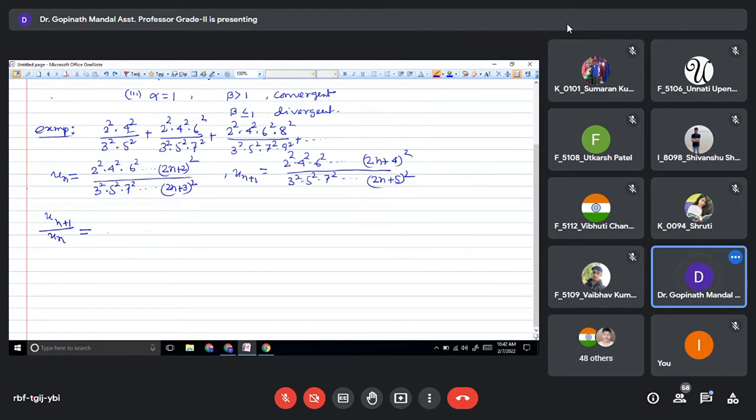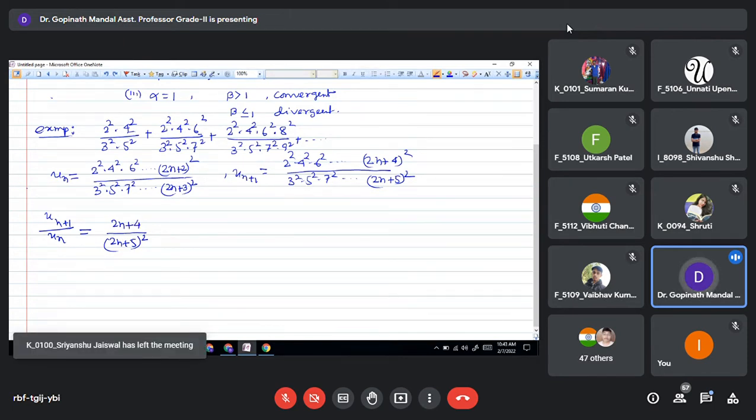So this will be 2n plus 5 square and 2n plus 4 square, and all the terms will cancel.